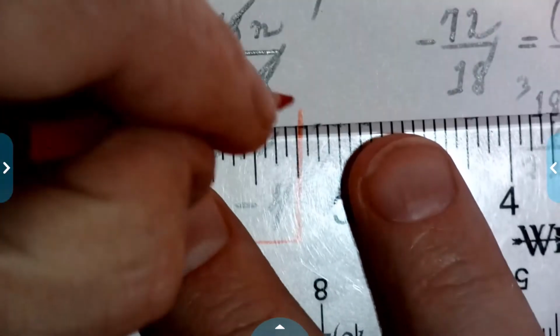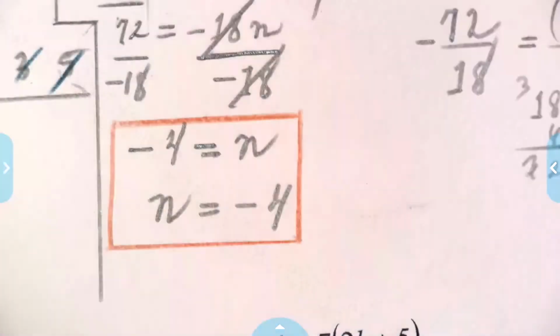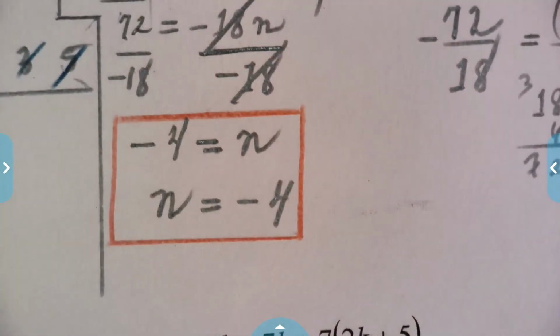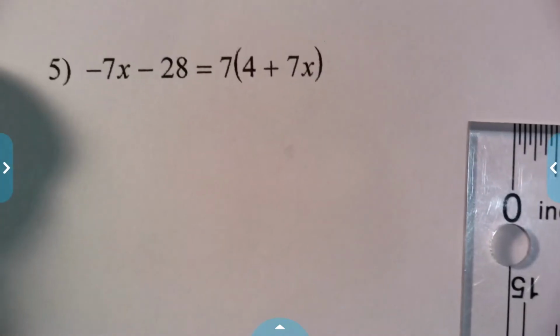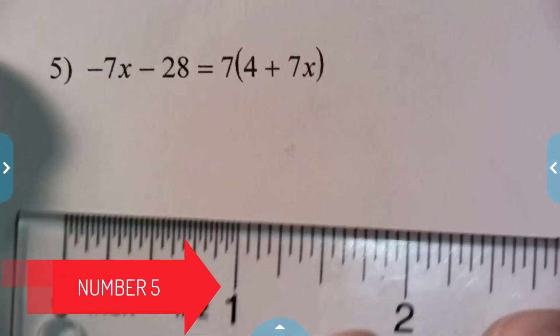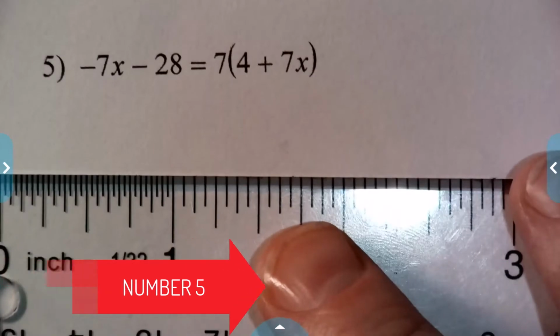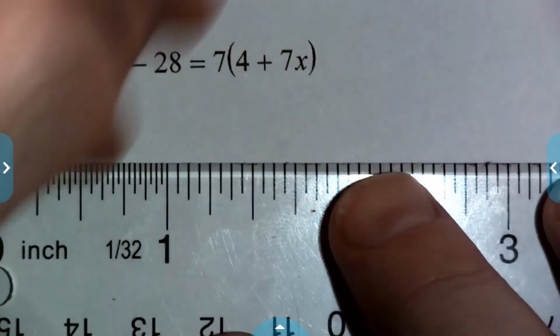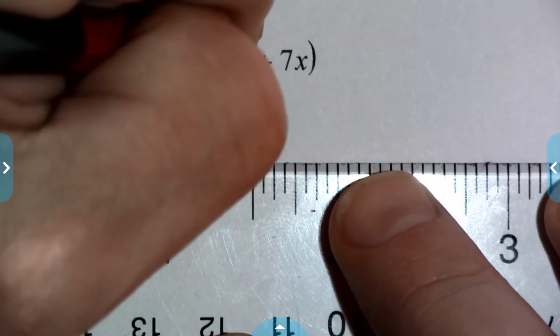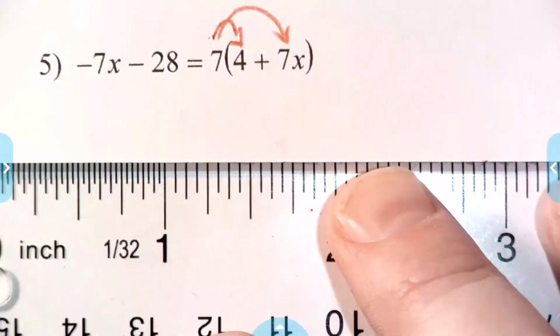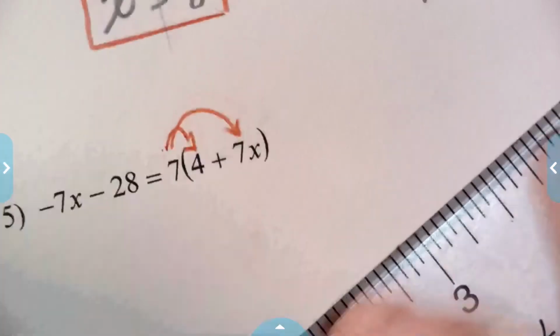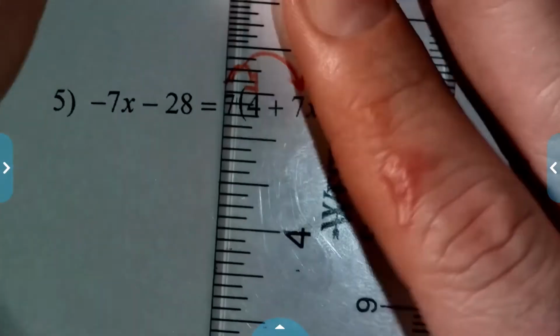Okay. All right, that's number 4. Moving on to number 5. Number 5, ladies and gentlemen. All right. Oh, this looks fun. So we're going to distribute the 7 to the 4 and the 7 to the 7x. Let's see where this takes us.